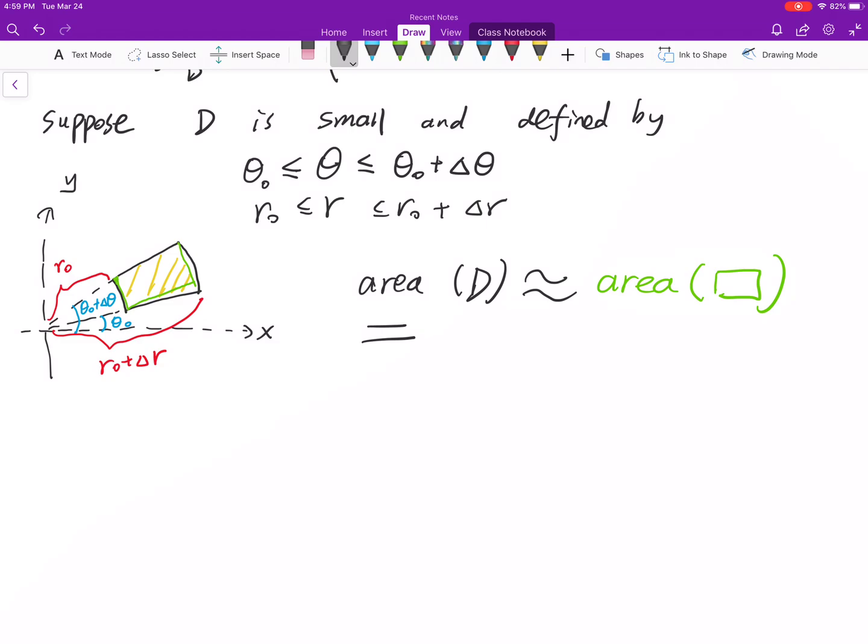So this one is R0 plus delta R minus R0, which is delta R. Okay, and then what is this size?